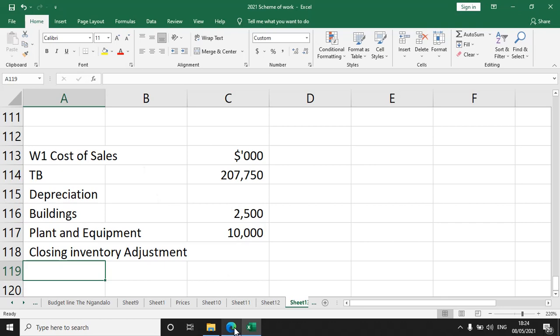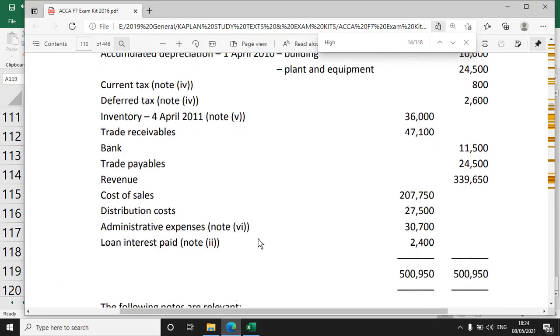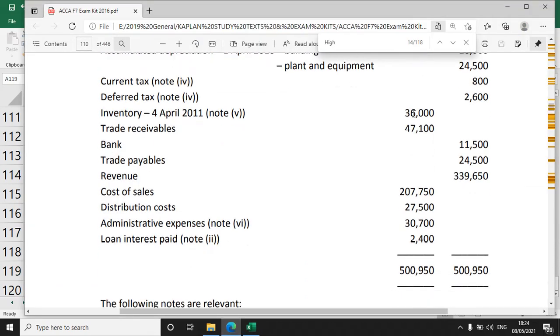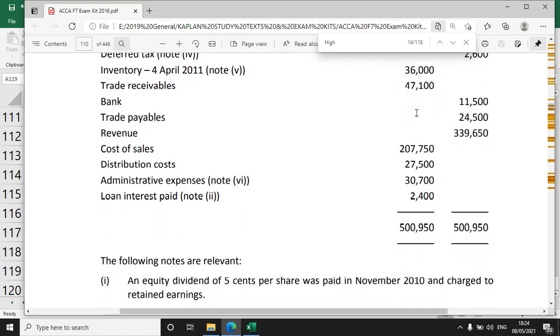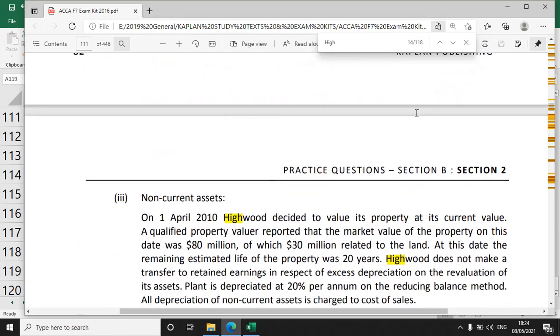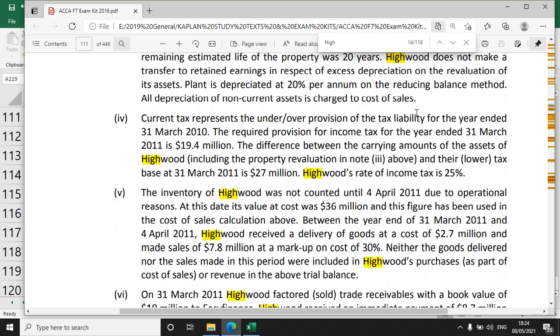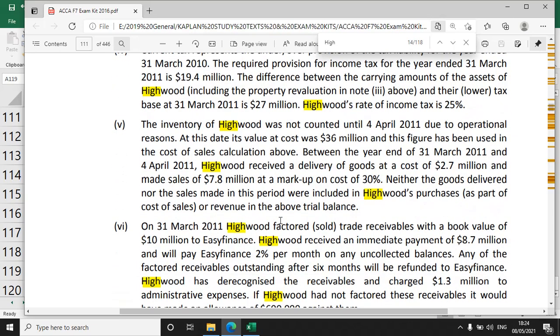So closing inventory adjustment, I'd like to refer you to a note. You see the closing inventory here was 36, but when we go down there's a note which speaks about something a little bit different. We are told that inventory was not counted until, in note 5 please, 4th April due to operational reasons.